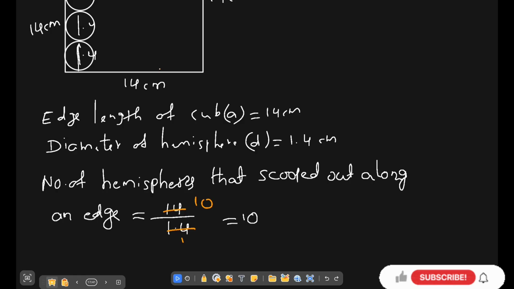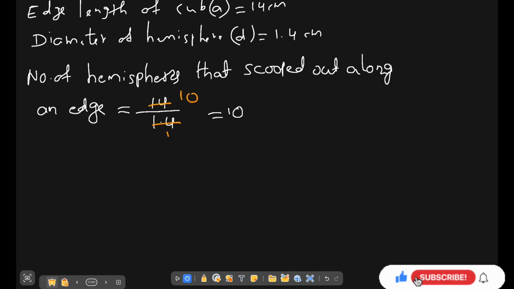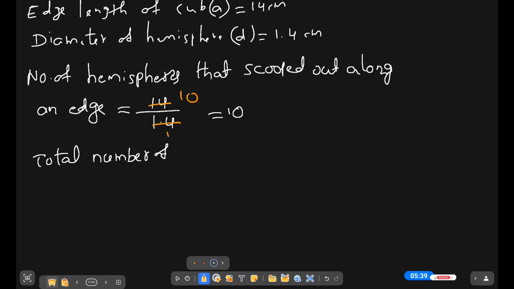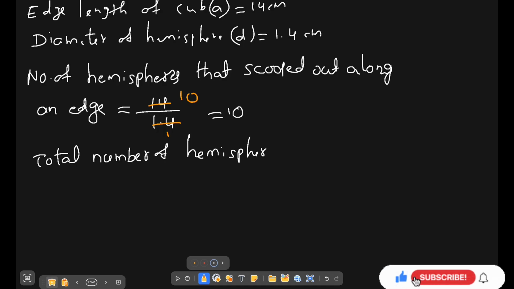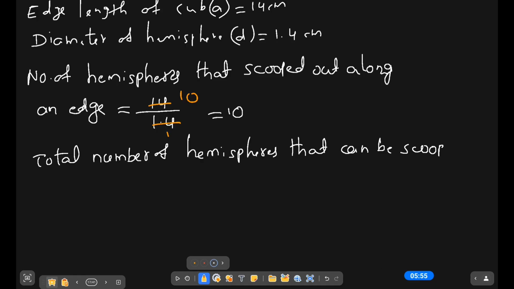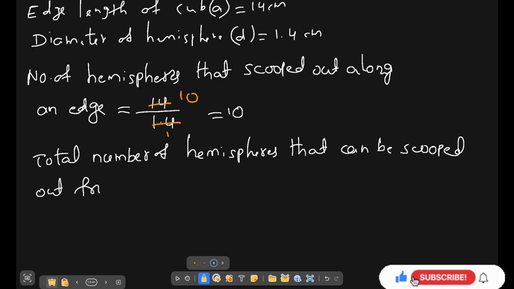Now the total number of hemispheres that can be scooped out from one face. The face is a square, right?